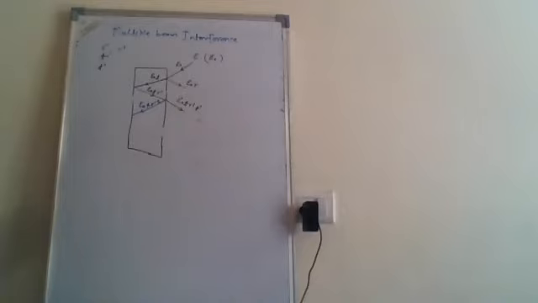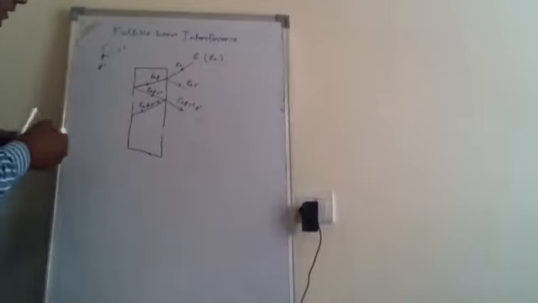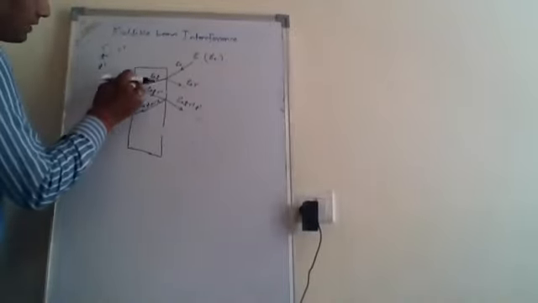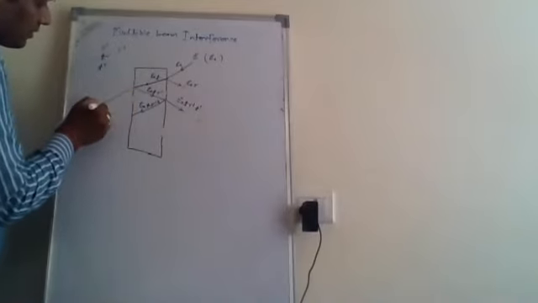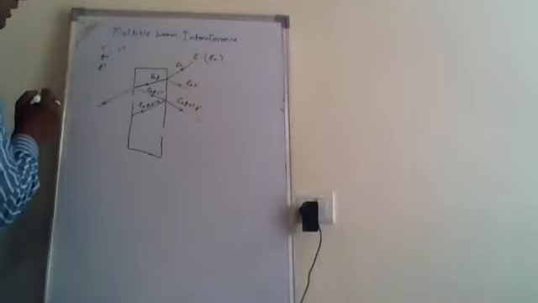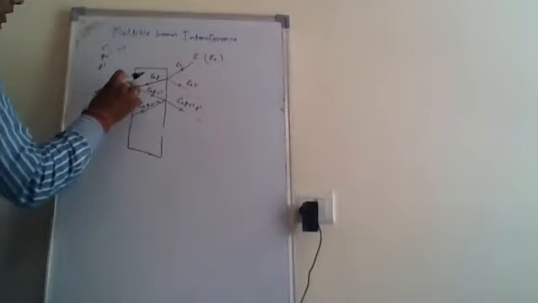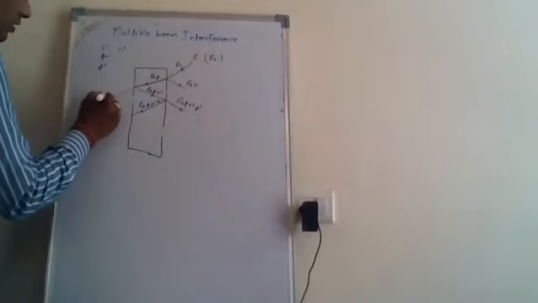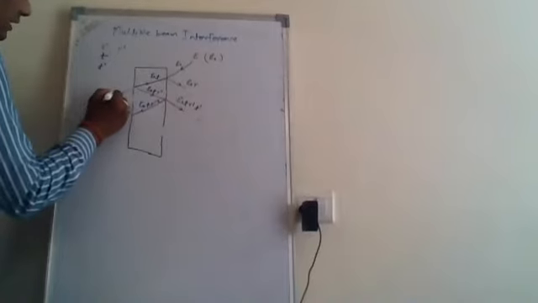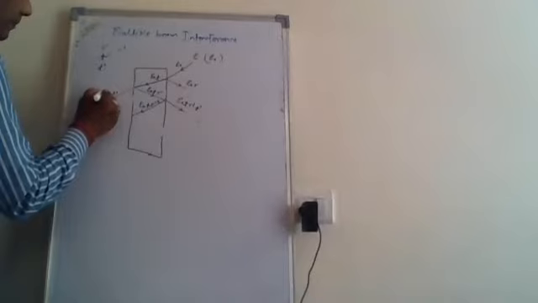Now you see that at this point, this light will also transmit like this. What is the magnitude of this transmitted light? It will be E naught T into T prime.